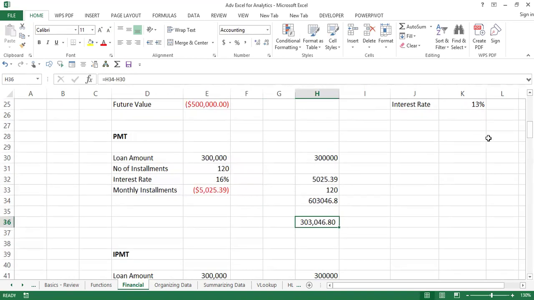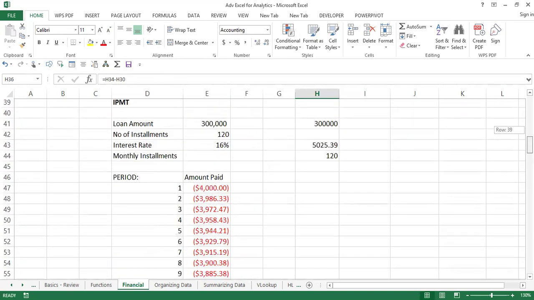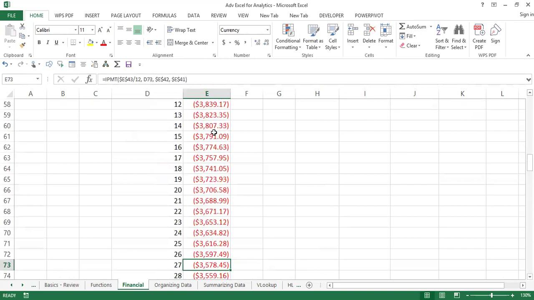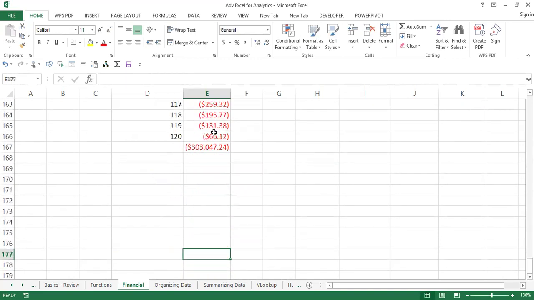And that's exactly the same thing that the IPMT function is trying to calculate for you. But what it is doing is splitting it monthly and giving you the actual amount that will be paid back as interest each month.